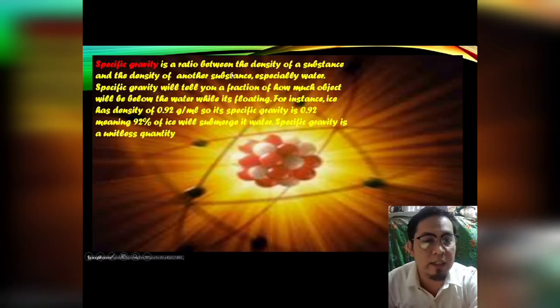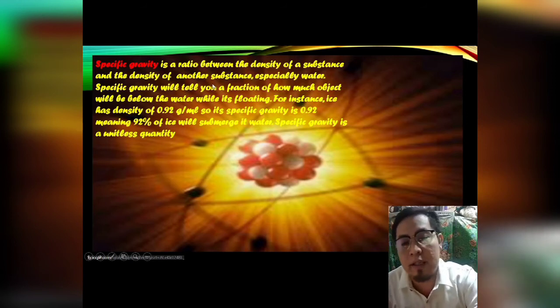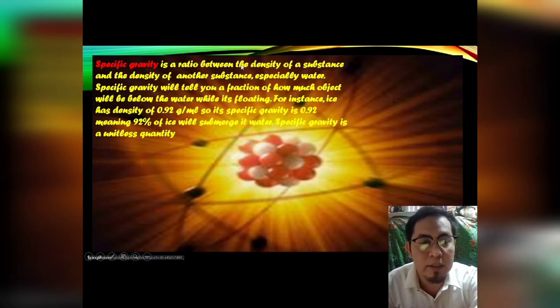Specific gravity is a ratio between the density of a substance and the density of another substance. In this case, on our activity, the density of the ice and water and the density of the wood and the water.